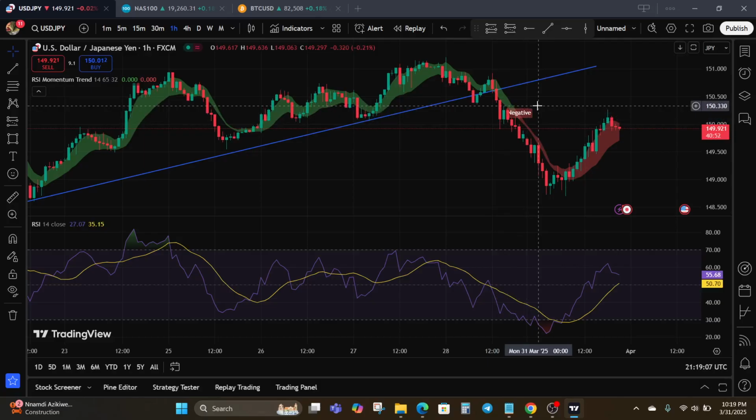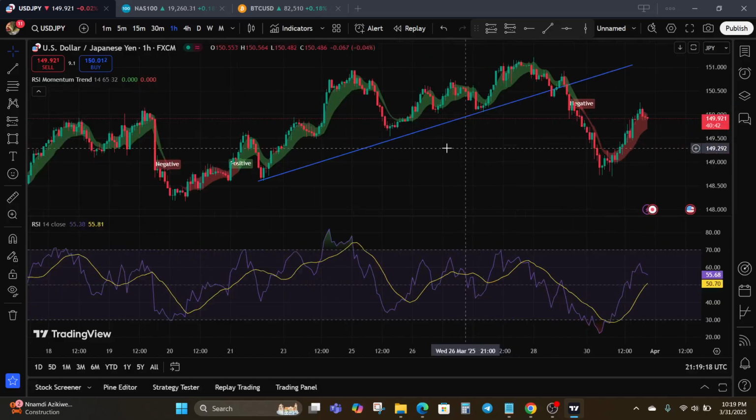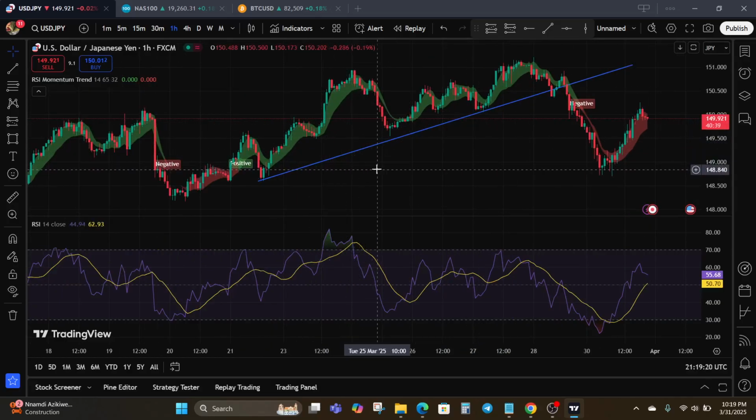Okay, you can see that the indicator provides clear buy and sell signals, based on momentum strength rather than just overbought and oversold conditions. So this makes the RSI momentum trend a more reliable tool for both day traders and swing traders, especially those who want to stay in high probability trades longer.